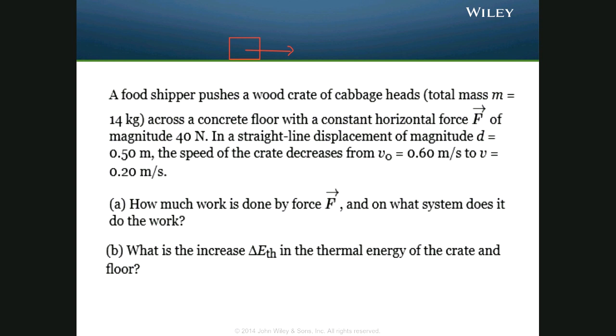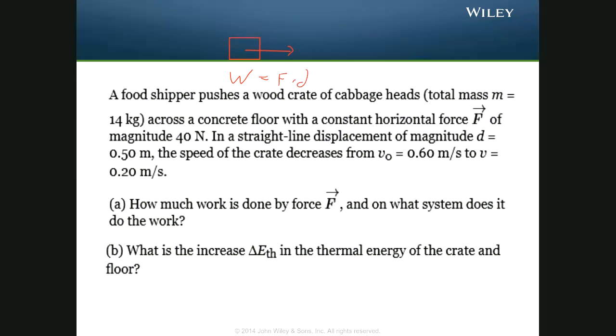So let's look at this. We certainly have other stuff going on, like the normal force and the frictional force. But right now, it just asks how much work is done by force F and on what system does it do the work. All right? If we look at this here, we can say work is equal to F dot D, right?